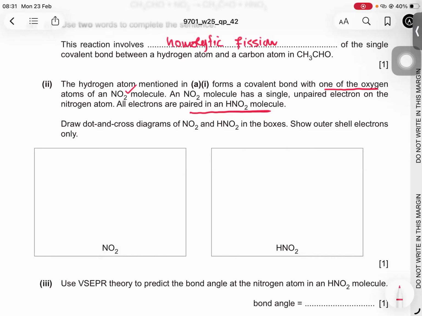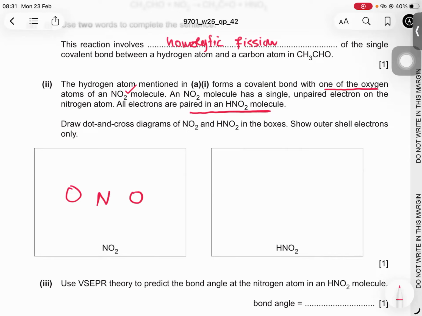The second thing to keep in mind is that nitrogen and oxygen are both period 2 elements. Their outer shell is the second shell, so they cannot expand their octets. You have to draw the dot and cross diagram completing 8 electrons, not more than that, in their outer shell. In NO2, here is nitrogen, here is oxygen.